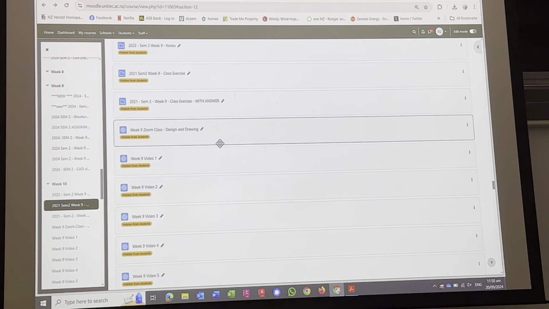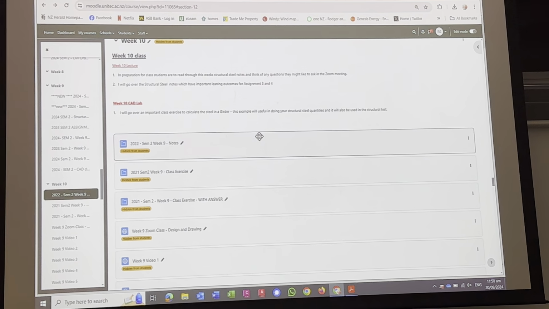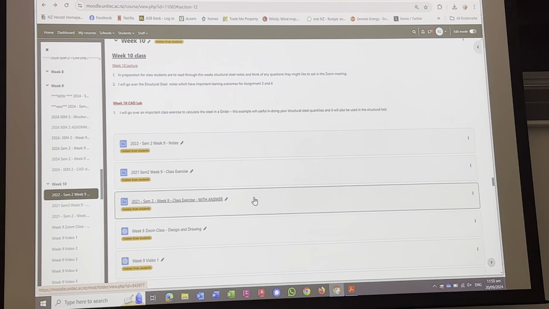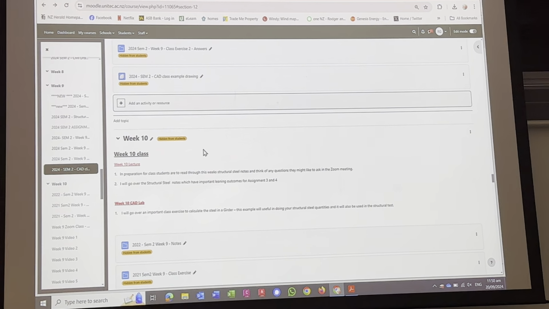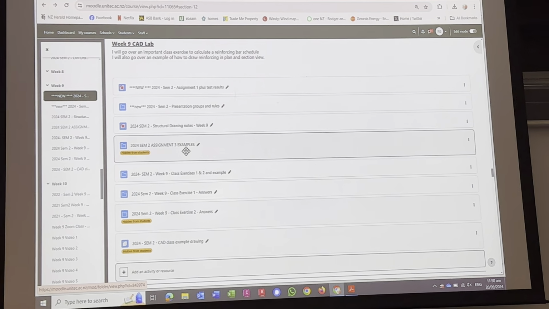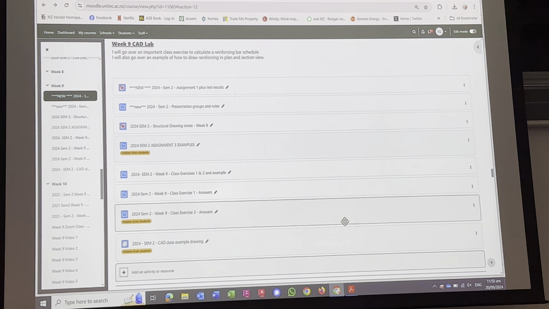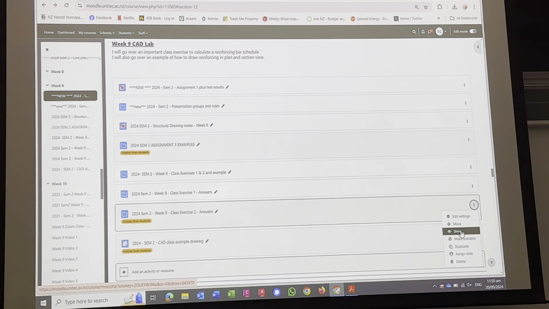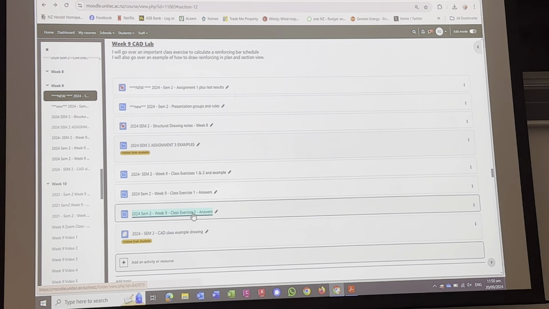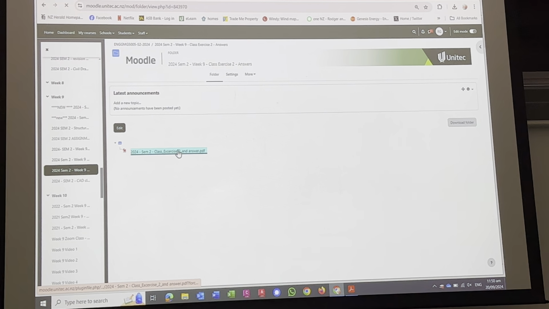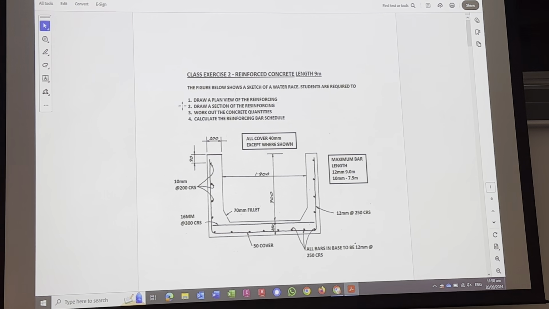I've already shown you that, but I'll show you that with the answer. This is a water race, which is shaped in a U shape, which isn't that dissimilar to your assignment.